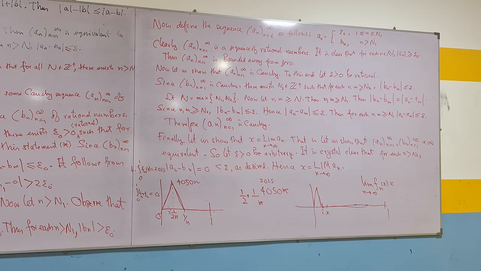Every real number is a limit of a Cauchy sequence of rational numbers. But almost all the real numbers are irrational. When I say almost all, it is not clear to you as of now, but you will learn it later in the course.